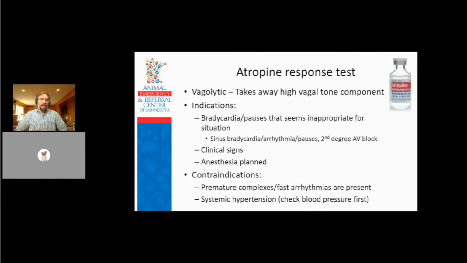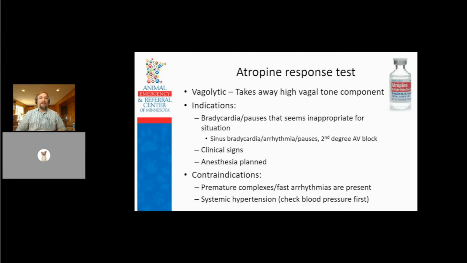The indications to do one are if you have a heart rate that's too slow or pauses that seem too long for the situation, either from the sinus being too slow or signals getting blocked at the AV node. Is it too slow, or is the block from vagal tone?